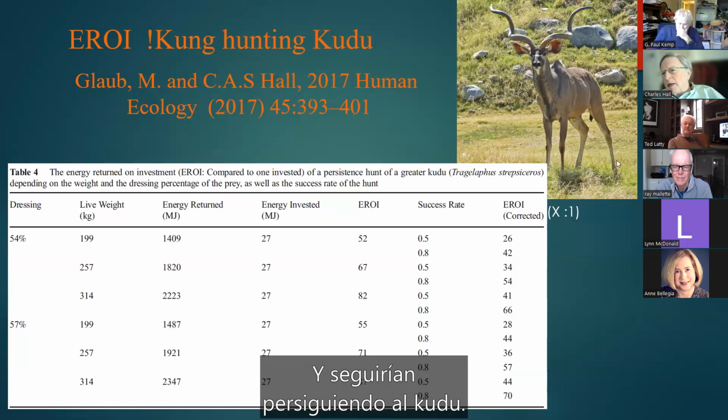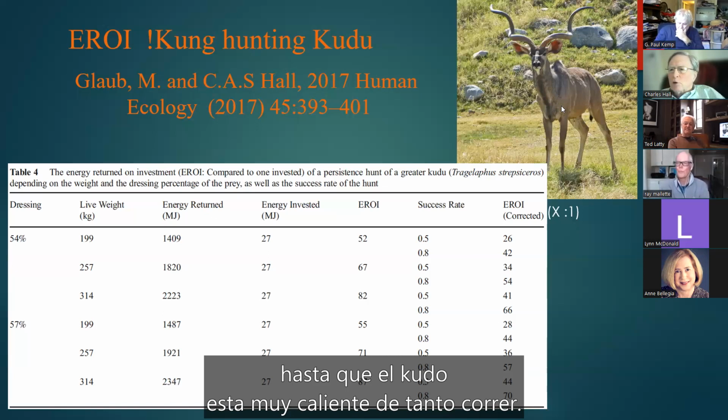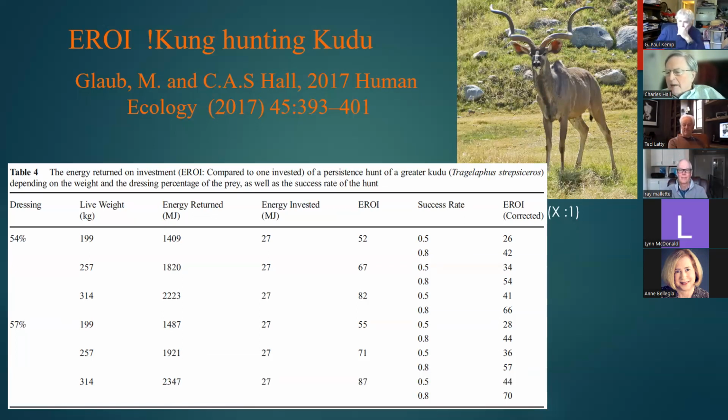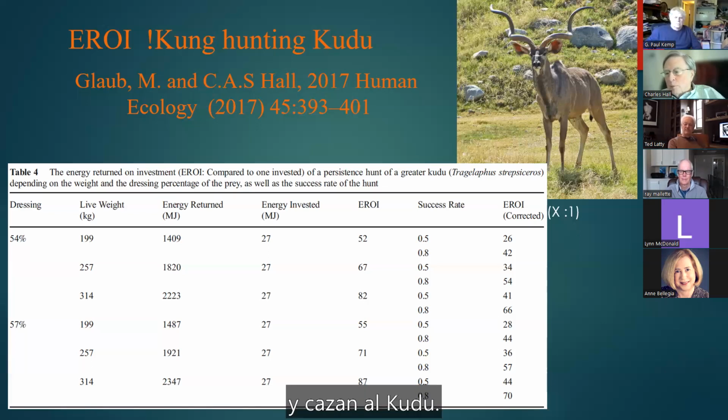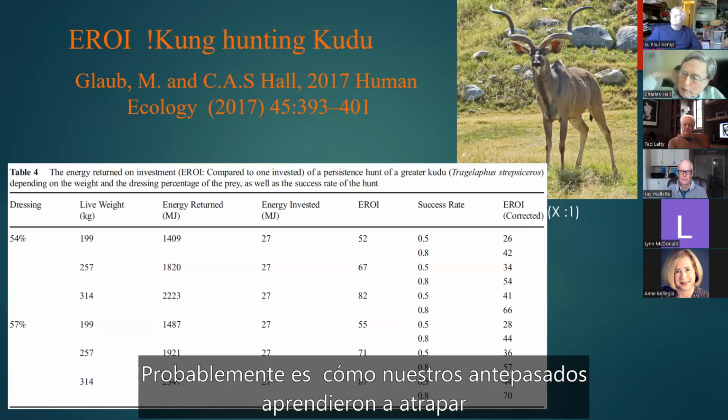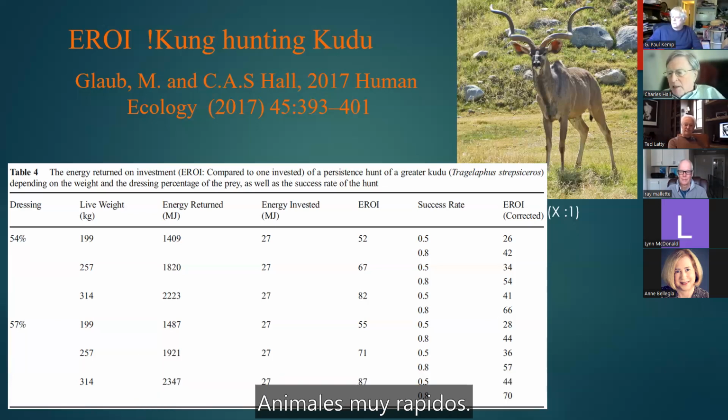And they would keep after the kudu until the kudu was so hot from running that it couldn't move. If an animal overheats, it's incapable of motion. And then the young fellas would rush in and spear the kudu. And that's presumably how our ancestors learned how to catch these very fast animals.